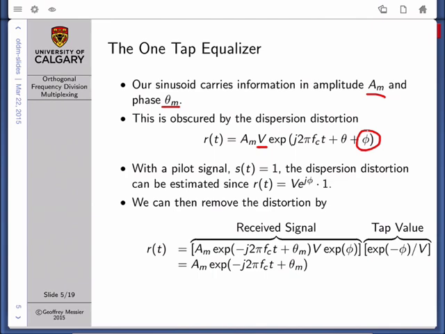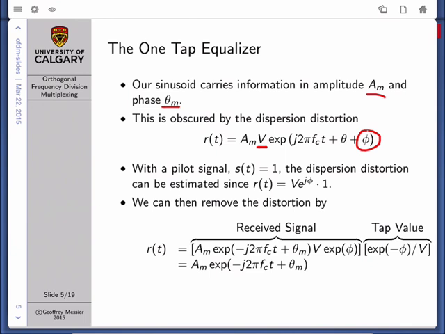So the first thing we need to do is estimate the amplitude and phase distortion caused by the channel, and we do that using something called the pilot signal. So we transmit a signal where S of t is basically equal to 1. Or if you like, this can be implemented with a sinusoid with a magnitude of 1 and a phase of 0.